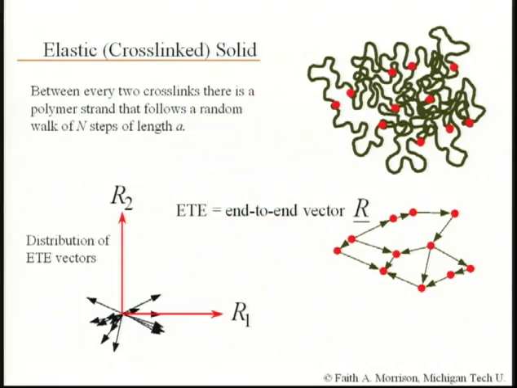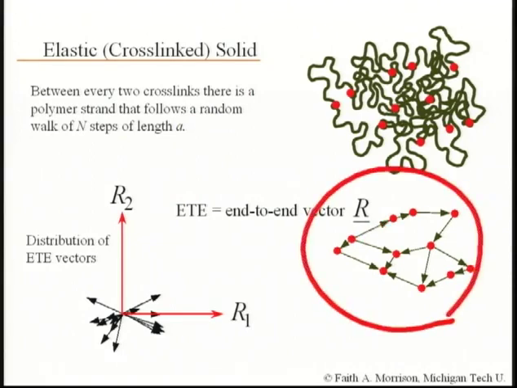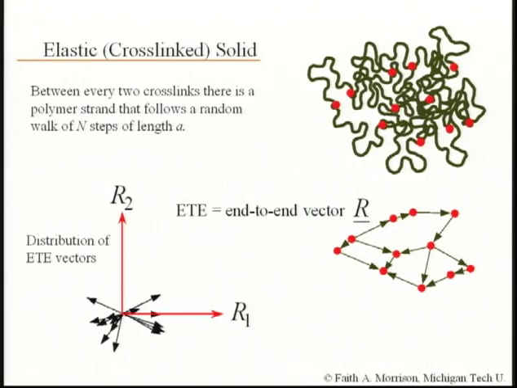So I can reduce each of these polymer chains just to this end-to-end vector. So this version of the elastic solid just talks about end-to-end vectors. And if I collect all these end-to-end vectors into a space that just relates the components of the end-to-end vector, I can get a distribution of end-to-end vectors. ETE is end-to-end vector.